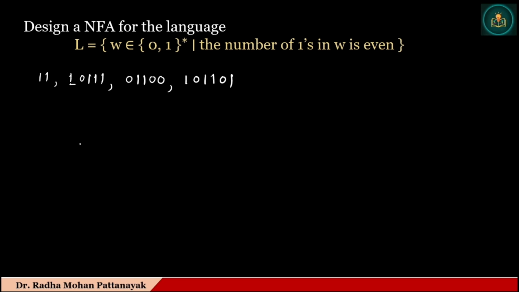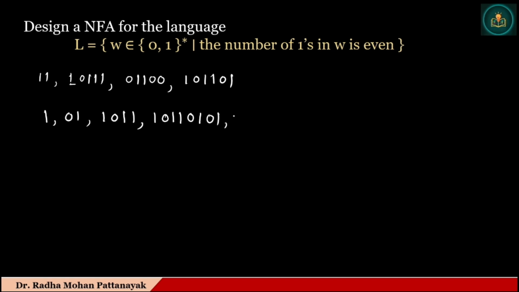Now we will decide which strings will not satisfy this language. Means if the total number of ones in the string is odd, it will not satisfy. So for example, a single 1, because here the number of ones is odd. 0 1, it is also odd. Then 1 0 1 1 0 1 0 1 is also not satisfied because here the total number of ones is odd.